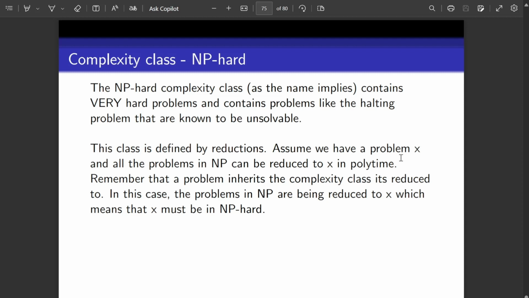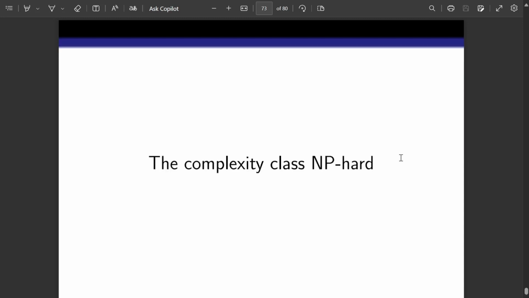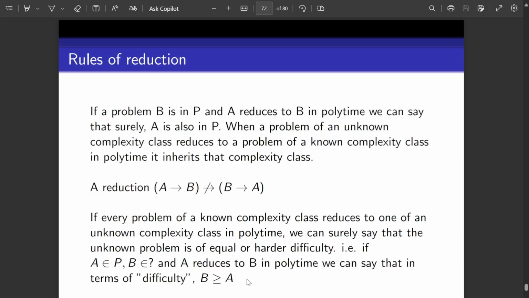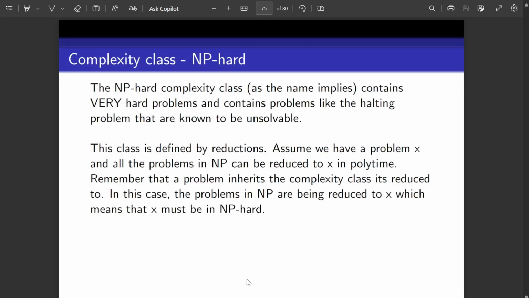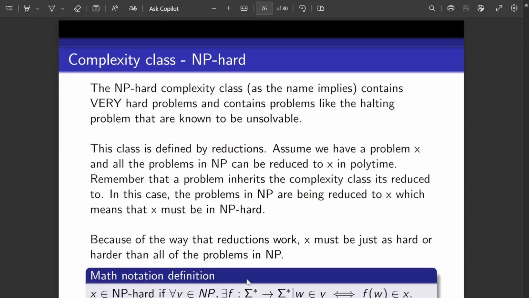So in this case, since all of the problems in NP reduce to this mystery problem X, we can say that X must be of equal or harder difficulty than NP. And so X must be in NP hard.